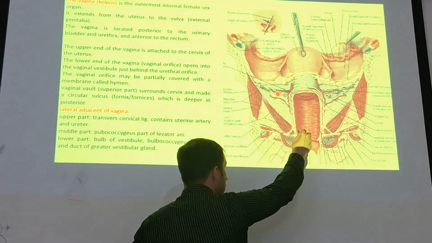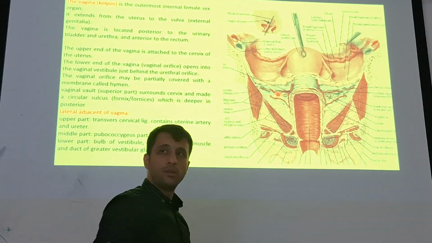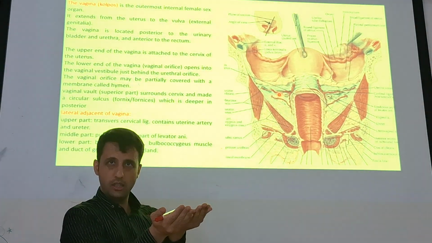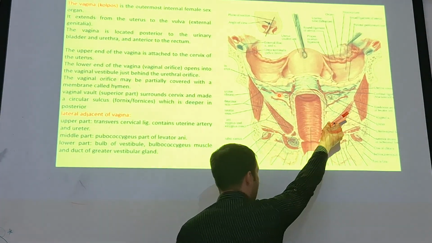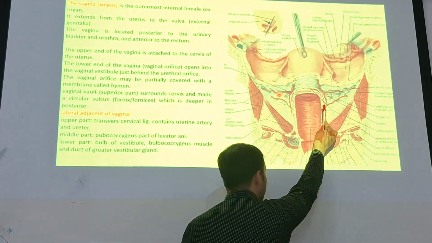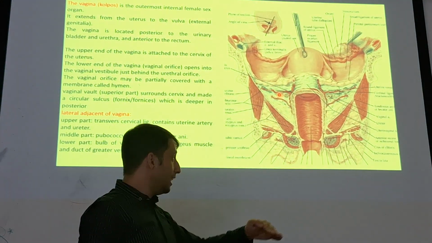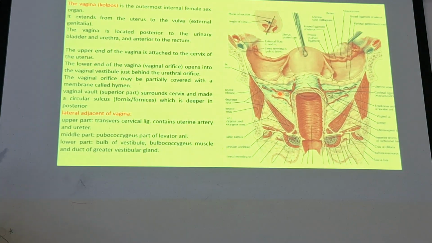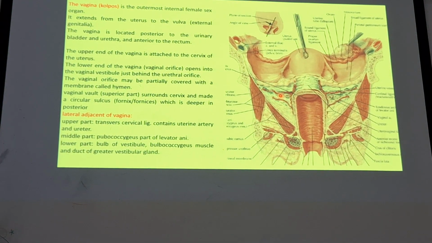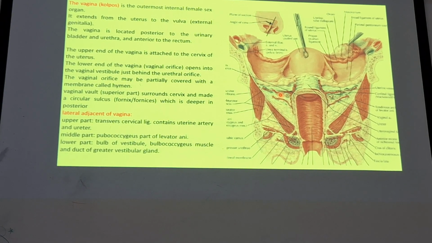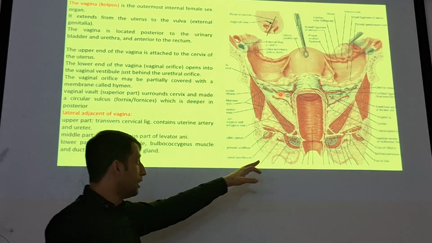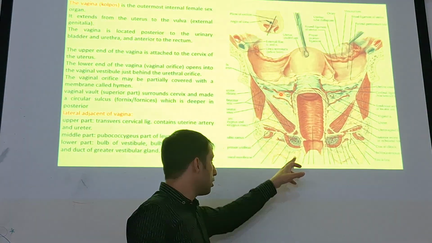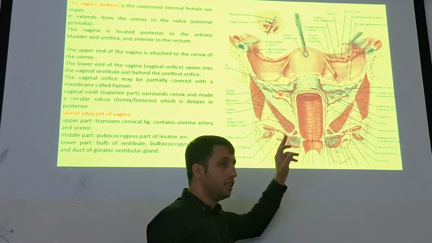In the middle part, it is adjacent to the levator ani muscle. Okay? The levator ani muscle is adjacent to the medial part of the lateral surface. In the inferior part of the vagina, laterally, it is adjacent to this structure, the structures which are located in the perineum. Which structures? Here and here.